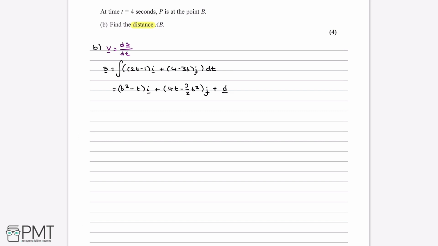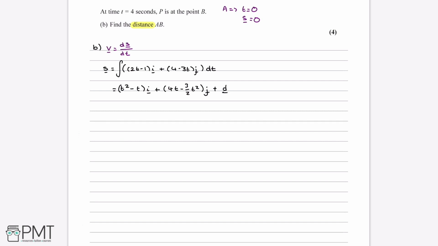However, we were told earlier that point A is when t is equal to 0. And if we make the assumption that therefore displacement is also equal to 0 at this point, it makes the calculation a bit easier.